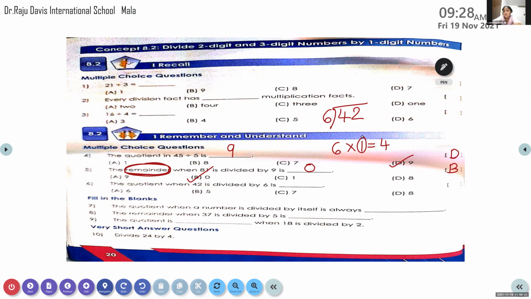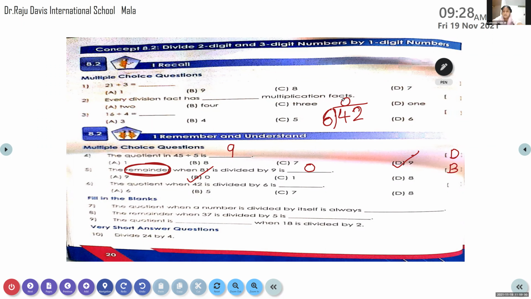There is no 4. So what is to be put on the top of 4? 0. If you put 1, that means 6 into 1 is equal to 4. It is not 4, isn't it? So don't put 1. You have to put a 0 over there.